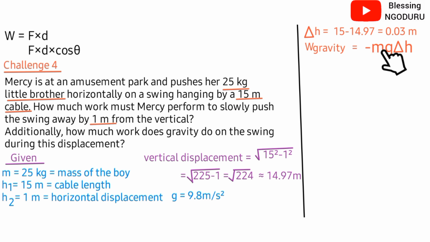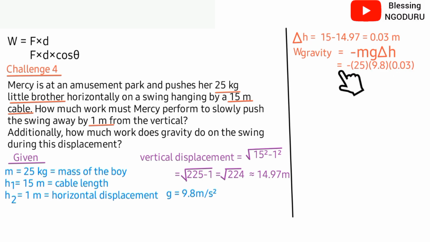That is negative mg delta h, equal to minus m, which stands for the mass of the little boy, being 25, multiplied by g, our g value, 9.8, multiplied by delta h, that is 0.03. So we have negative here. 25 times 9.8 times 0.03 gives 7.35. Therefore, the work done by gravity is negative 7.35 joules.